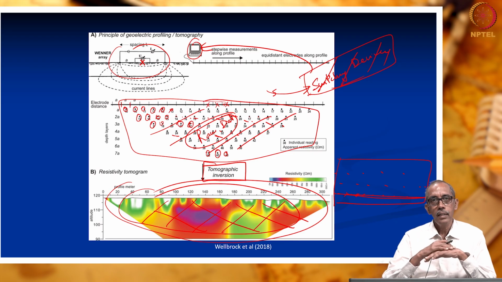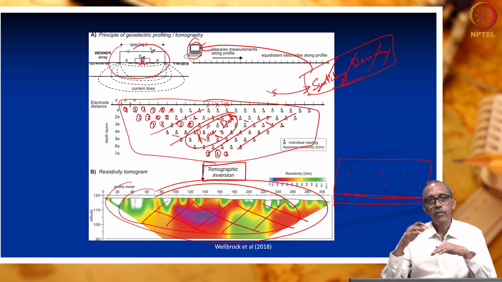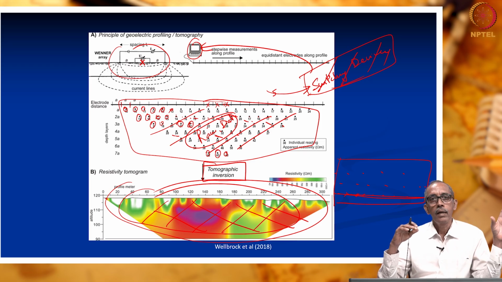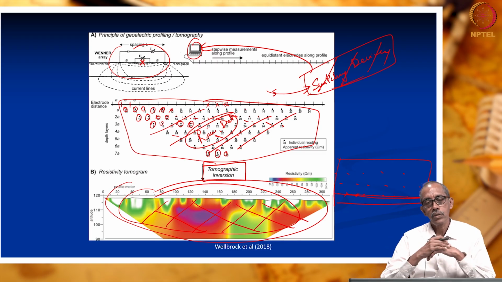If matching is not good, the iteration will be continued until we get a reasonable comparison between the model calculated apparent resistivity values and the field investigation values which we obtained using the resistivity meter. Okay. So, this process is known as inversion.